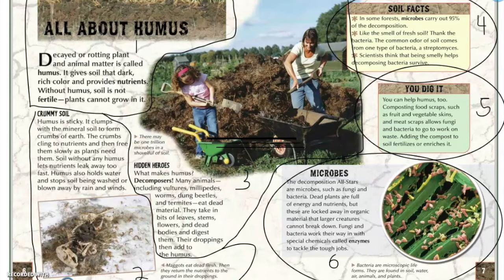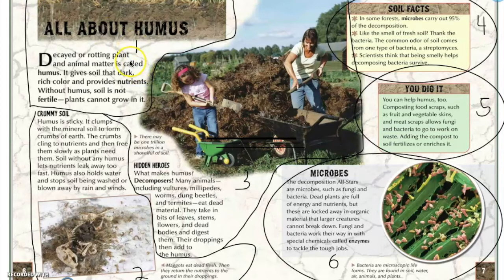This is the text that we're using. The title is called All About Humus. Notice that it is broken up into 6 different parts. Now, each of you read a different section. Today, when you answer your question, you're going to reread or talk about each section. As you get your evidence, as you find proof to help you support your question, then you're going to cite or tell where you found that evidence.